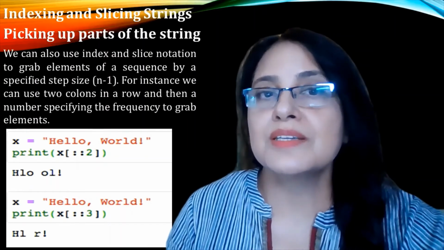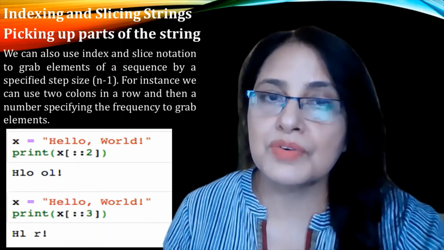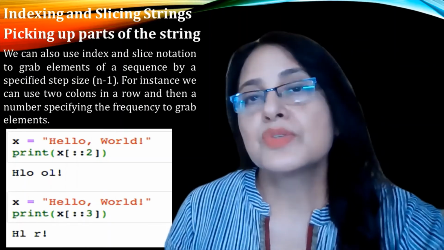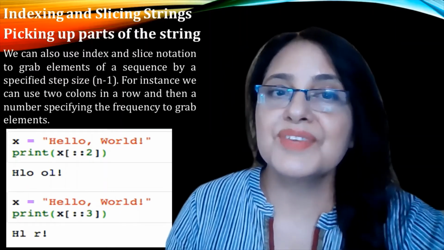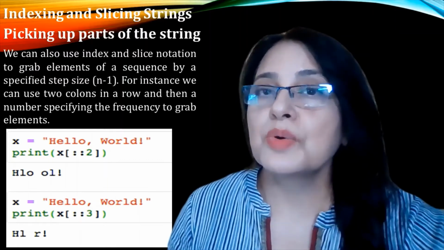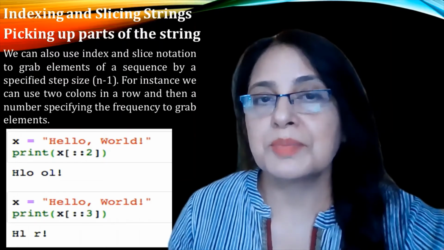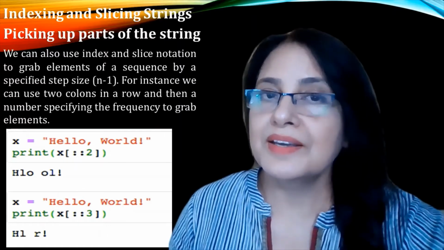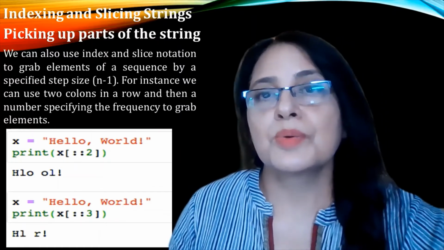Then it will show the index 2 and ignore the index 3. Show the index 4, ignore the index 5, and so on. Similarly, if we write print x double colon 3, it will ignore 2 characters each time. So it will give us H, ignore the next 2, give us L, ignore the next 2, and so on.